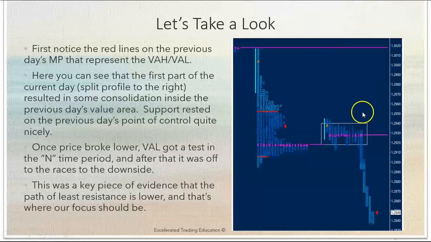So we can break it down and see what happened here. The first part of the current day, the split profile to the right, resulted in some consolidation inside the previous day's value area.